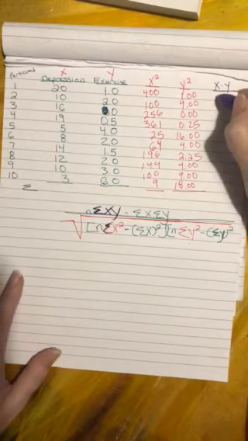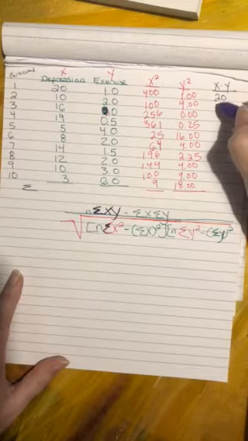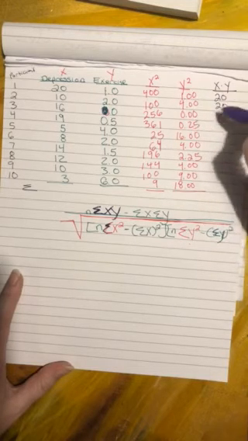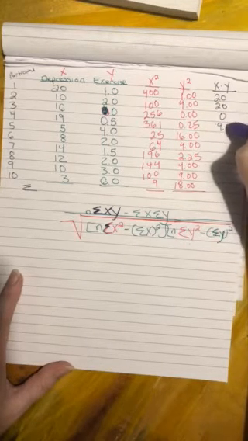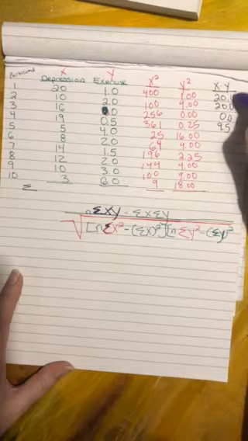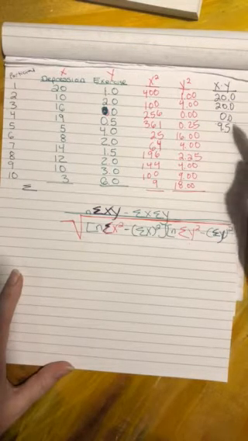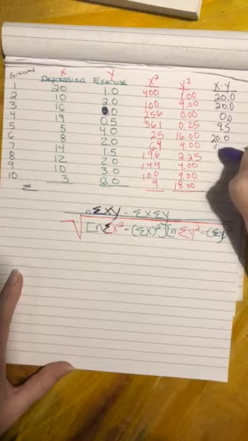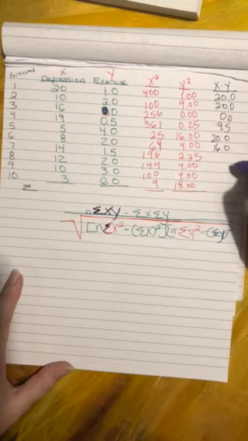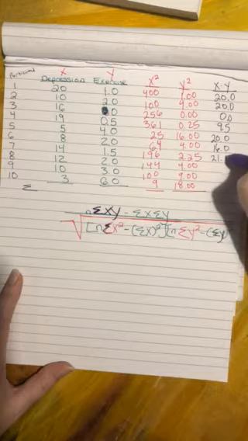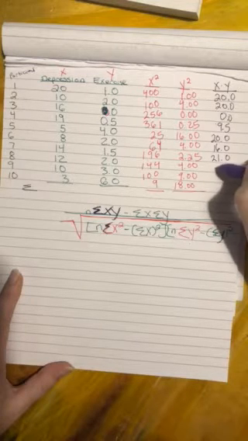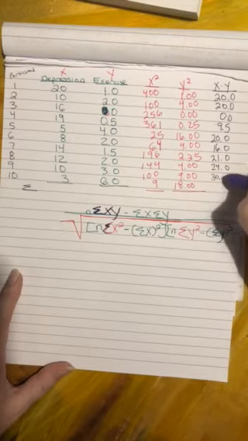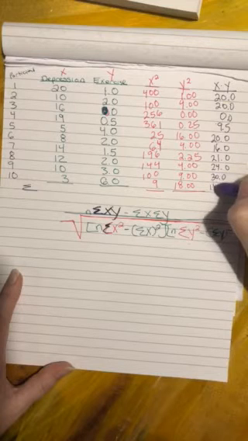So 20 times 1 is 20. 10 times 2 is also 20. 16 times 0 is 0. 19 times 0.5 is 9.5. 5 times 4 is 20. 8 times 2 is 16. 14 times 1.5 is 21. 12 times 2 is 24. 10 times 3 is 30. And 3 times 6 is 18.